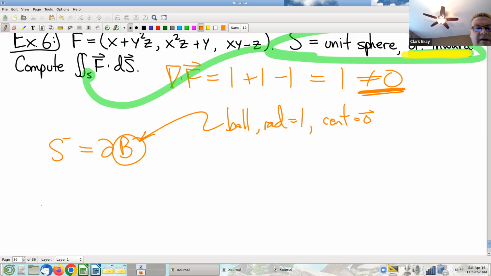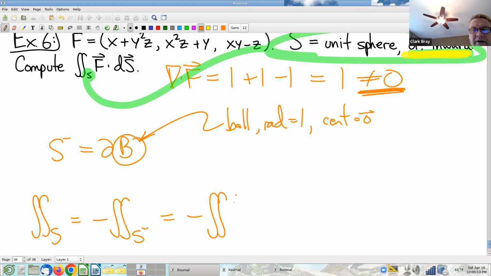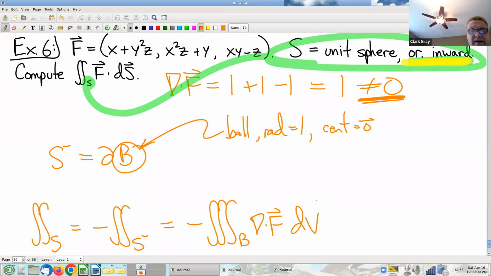We say the integral over S, well, that's the negative of the integral over S minus, which that minus sign, of course, comes along for the ride. The integral over S minus is the triple integral over the ball of the divergence. Right, and we've turned our flux question into a triple integral problem. Of course we computed the divergence already. The divergence was 1.